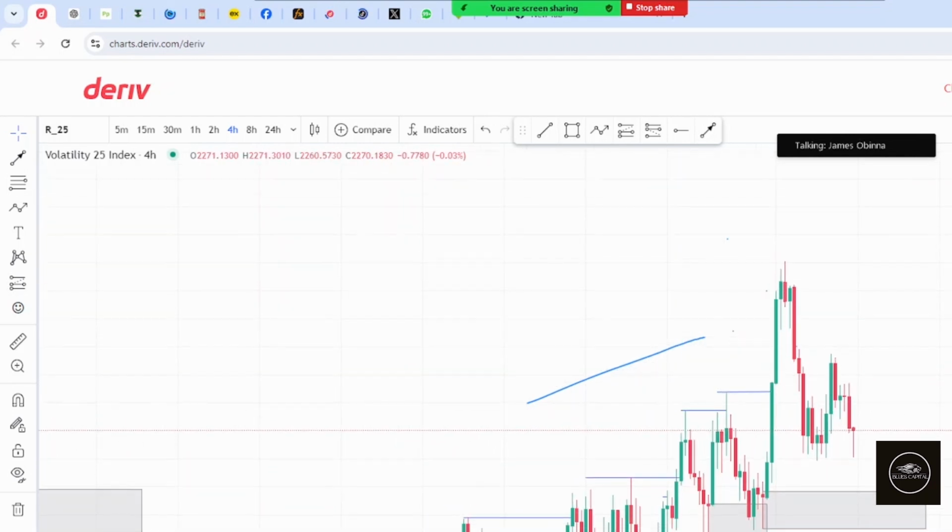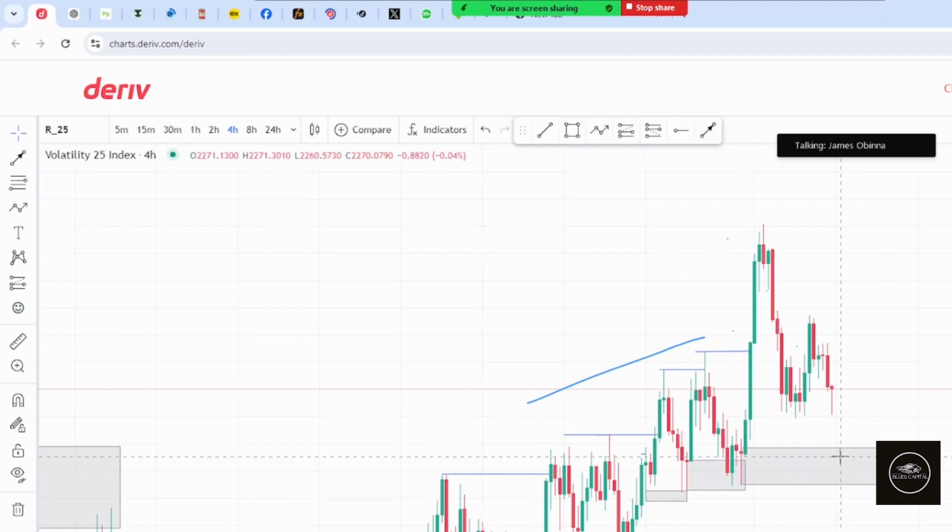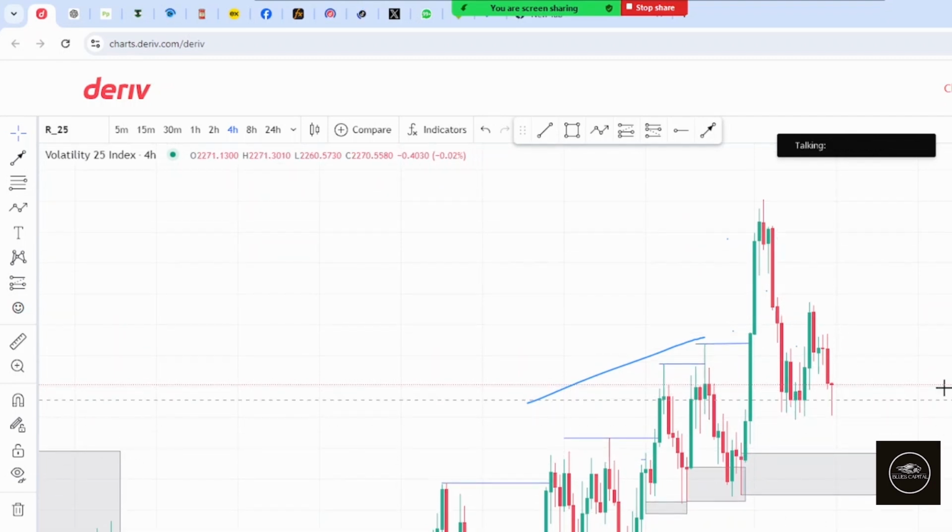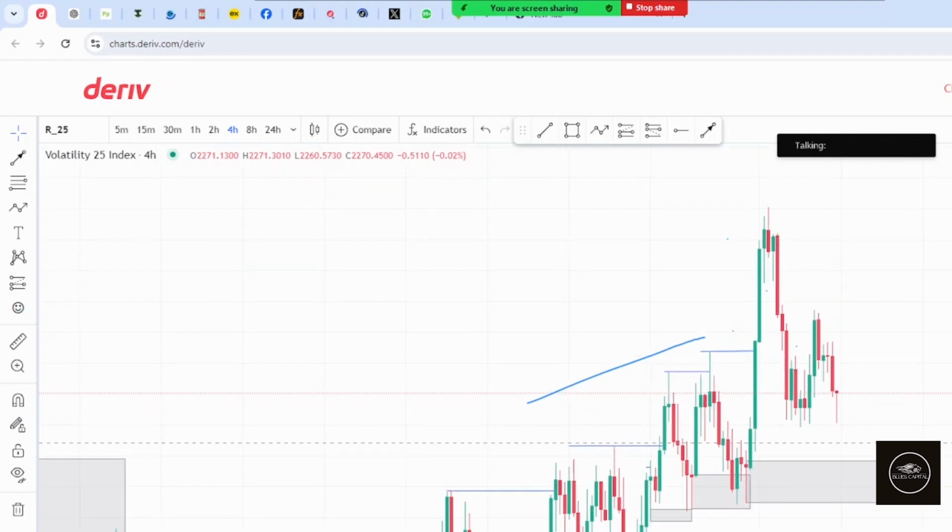This is a game of probability. We analyze and wait for the market to decide. Bear that in mind. You need to analyze, calculate your stop loss and your risk, place the trade, then wait for the market to decide whether it will move your way or against your way. That's it.